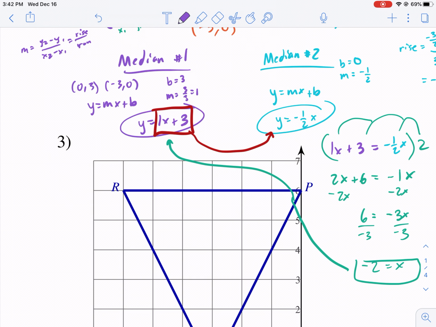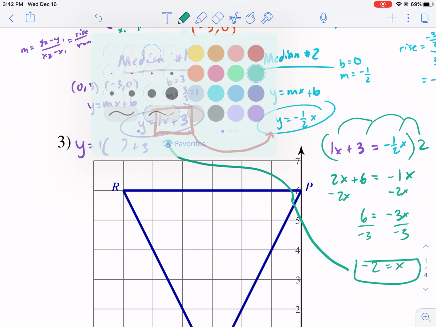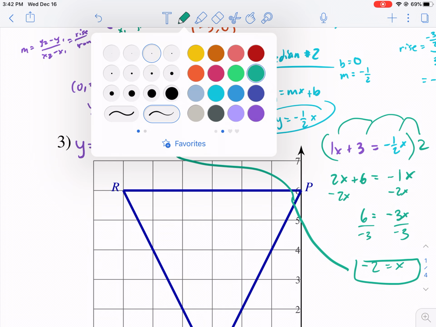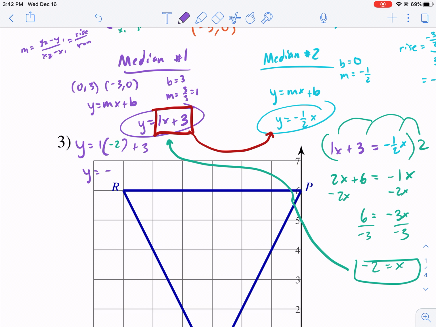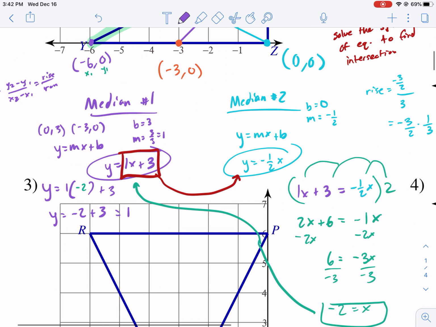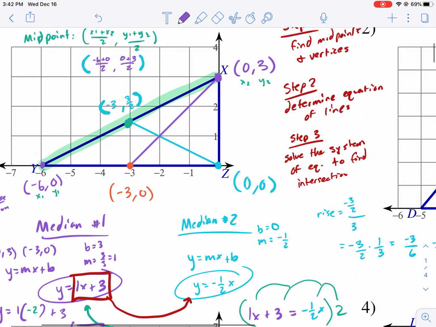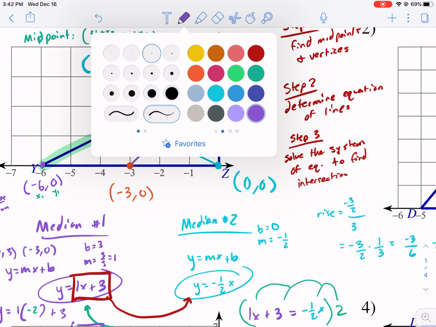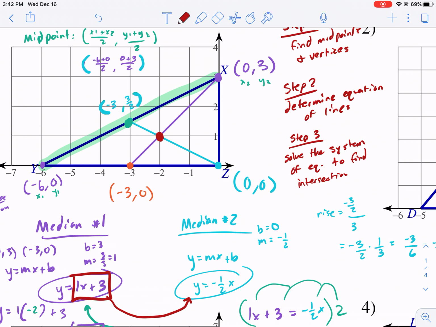So I have y equals 1 times, I don't really need the 1, I'm just showing you that you can put it there, and then -2, and then I'm going to solve from here. y equals -2 plus 3, so that equals +1, so that's y equals 1, and x equals -2. That is this point right here. Okay, and that is called my centroid, the intersection of the medians. So that's my centroid right there.